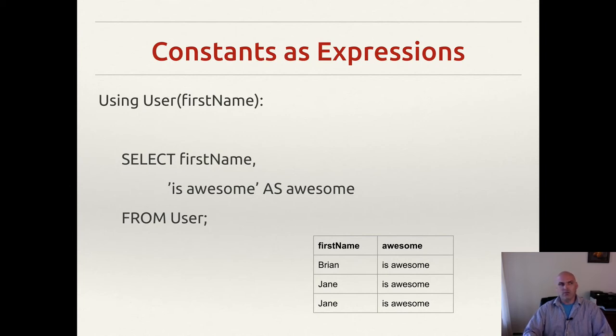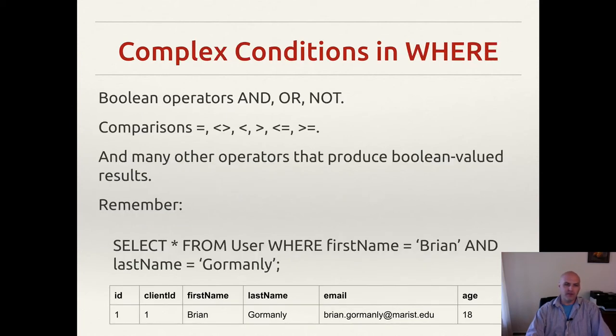Or you might be assuming that because it already ran some function call or API call to get data from that system, and you were limiting it by, say, awesome people, when you do the select off the second database, you can just insert a static field, is awesome, because you know that the results you're using to generate that query came from a first data store that returned only awesome people, right? So this is one of those ones that you don't use all the time, but it's good to know it's there. So you can put static stuff there or constants in the select.